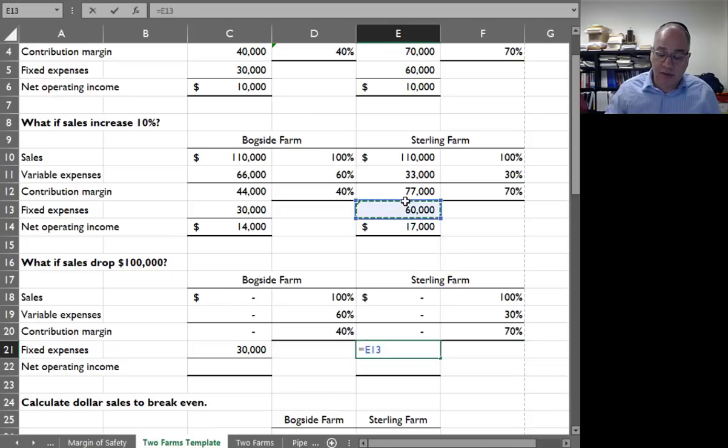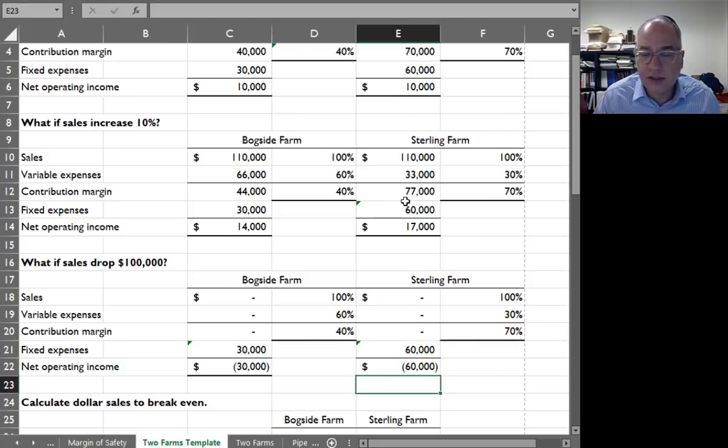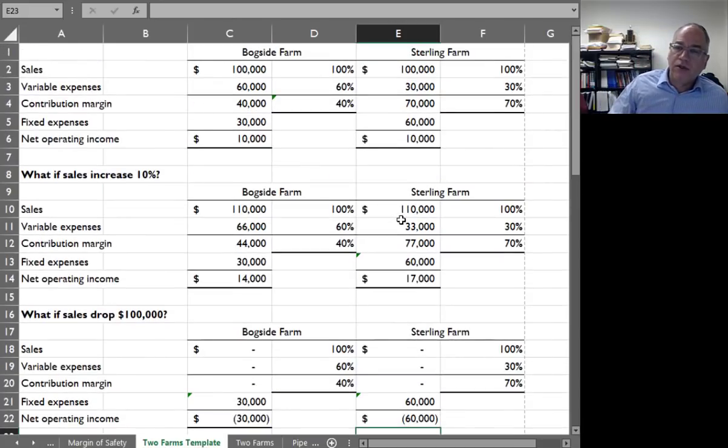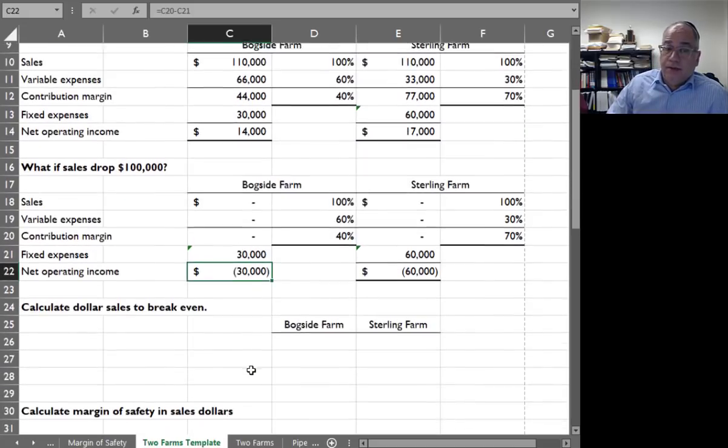Sterling is going to have fixed expenses of 60,000. And therefore, Bogside is only going to lose $30,000. And Sterling is going to lose $60,000. So Sterling has a high fixed cost structure, and if sales go up, Sterling is going to go up more than Bogside. But if sales go down, Sterling is going to get hurt more than Bogside.